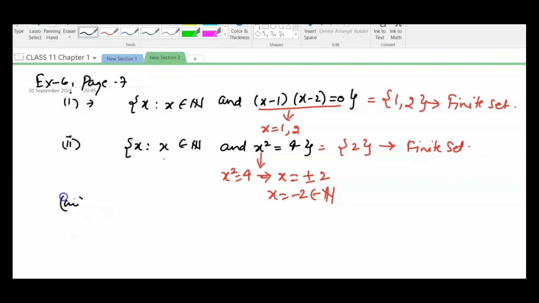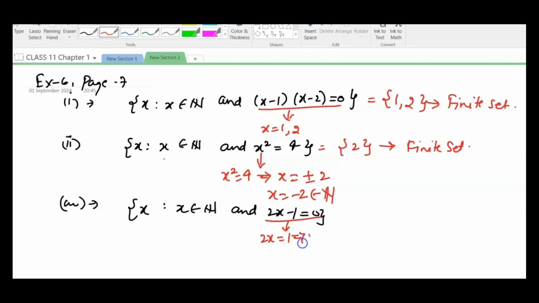Now let's see the third part. x such that x belongs to N and 2x minus 1 is equal to 0. So if you solve this equation, you will get 2x is equal to 1 and therefore x is equal to half, which is not a natural number. So it does not belong to N, right?